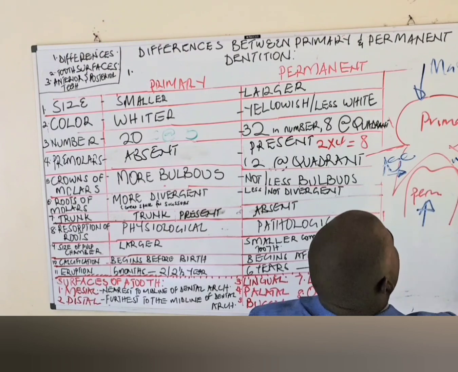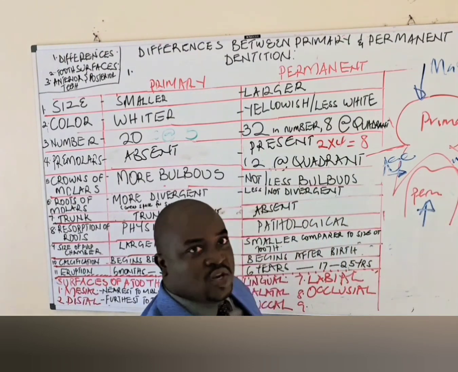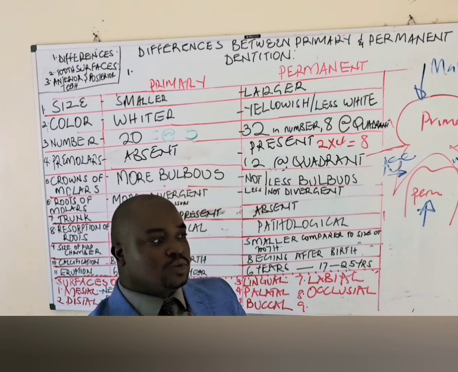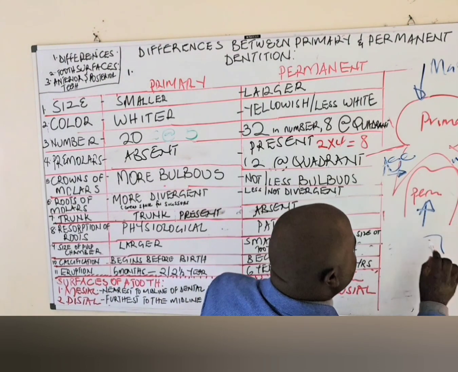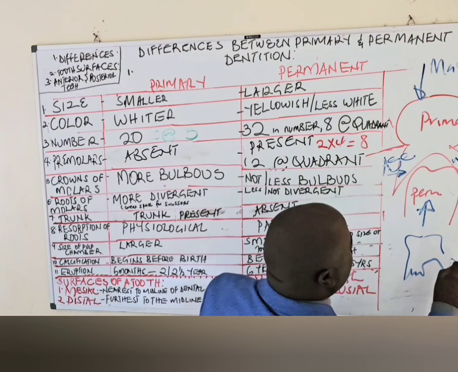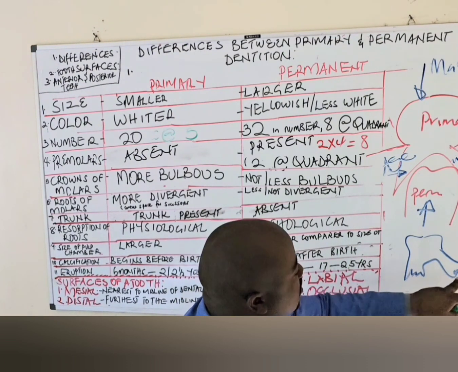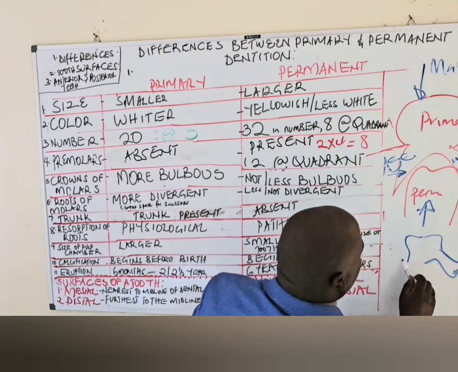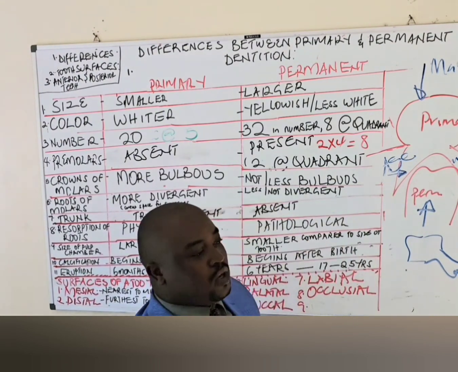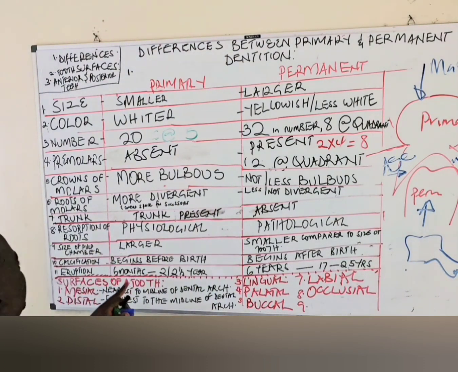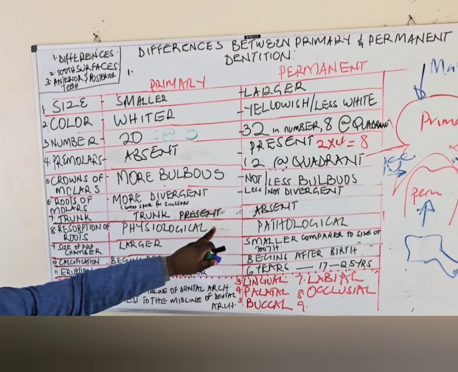So when you remove a primary tooth which is due, you shall find it has no complete roots, because resorption has taken place. Sometimes it is actually only a crown. This is what we call resorption.